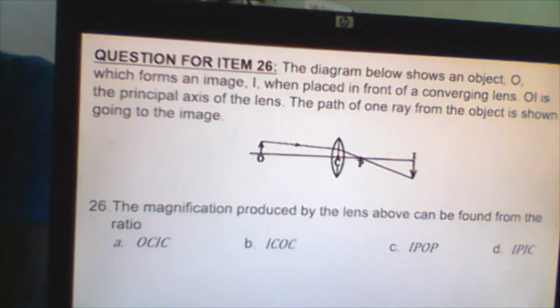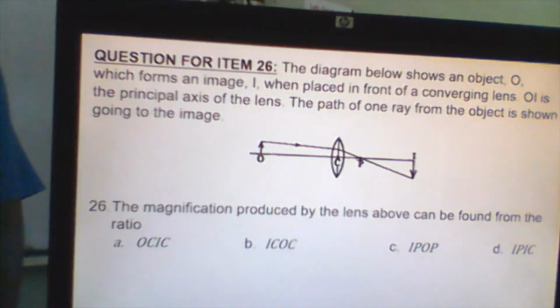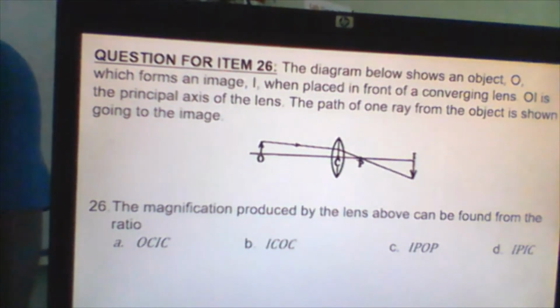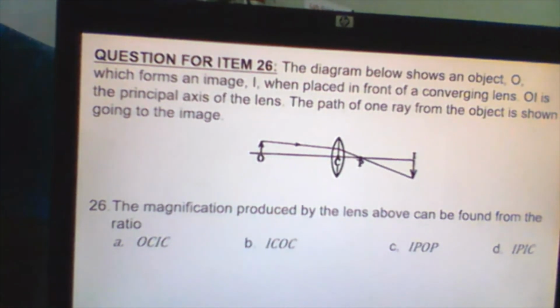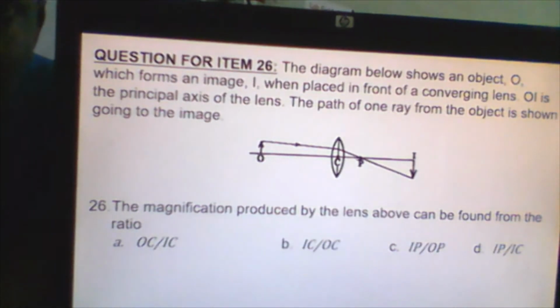So in this case, our answer should be B, IC over OC, because magnification is the image distance over the object distance, right? So the answer there is B.